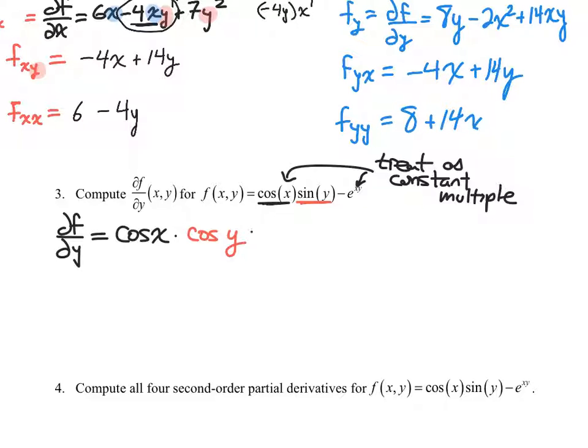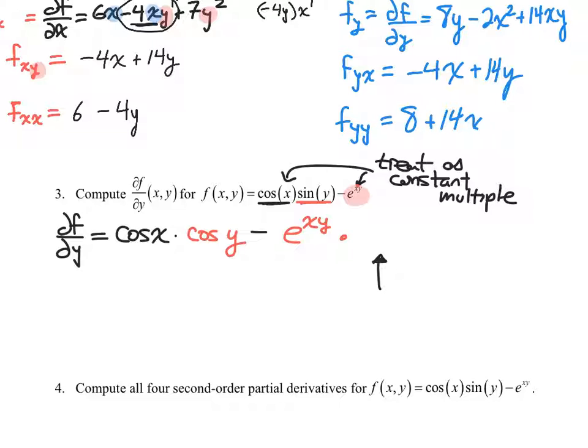Then minus, when I take the derivative of exponential e, the technique is to rewrite as is, so e to the xy, multiplied by the derivative of the exponent. I'll make a little note here.